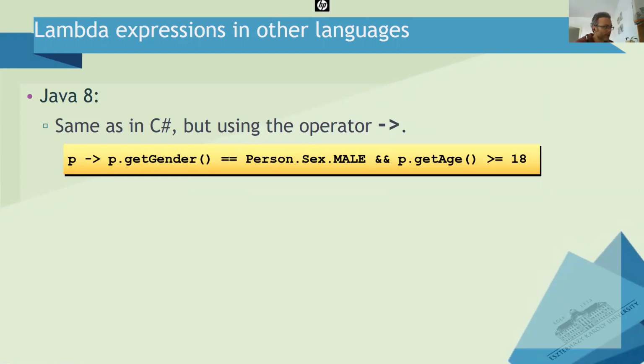What's the situation in other languages? Believe it or not, several programming languages provide lambda expressions. In Java, there are lambda expressions, but it's quite interesting that they appeared in Java later than they appeared in C#.